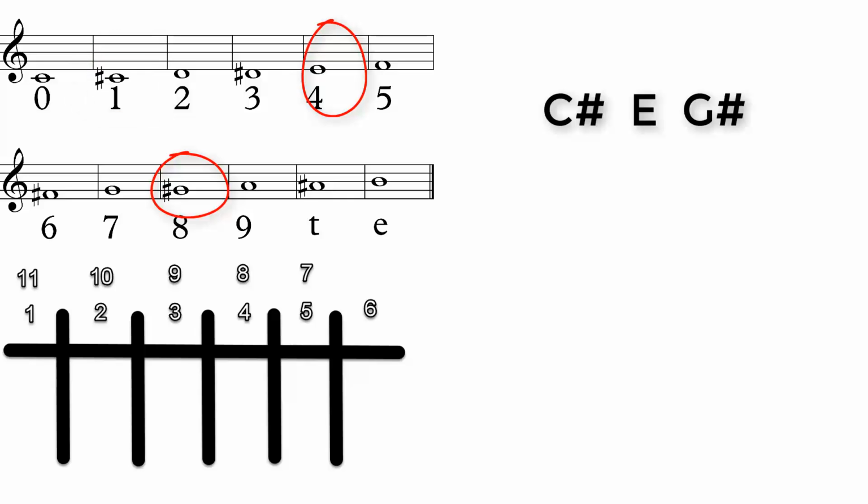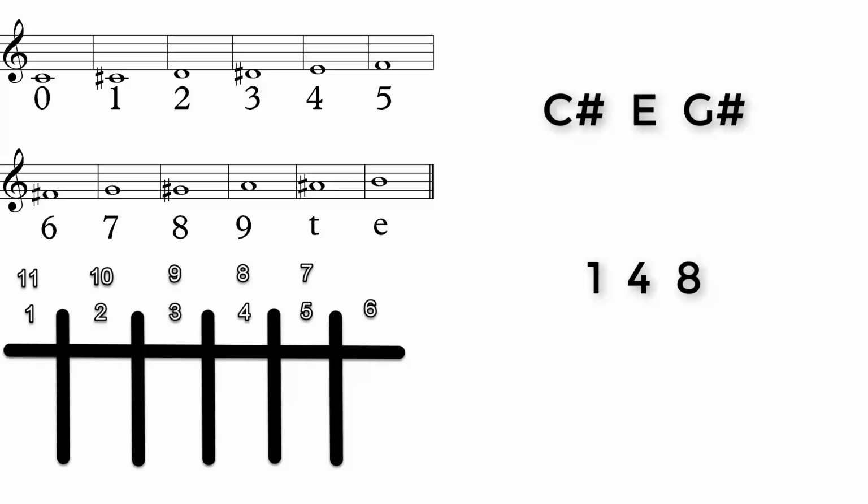In integer notation, that's going to be a 1, 4, and 8. Each interval vector has 6 digits. Each of these pertain to the interval classes that we already looked at earlier, 1 through 6. And then 7 through 11 represent our inversions, and you're going to see how this works in a moment.